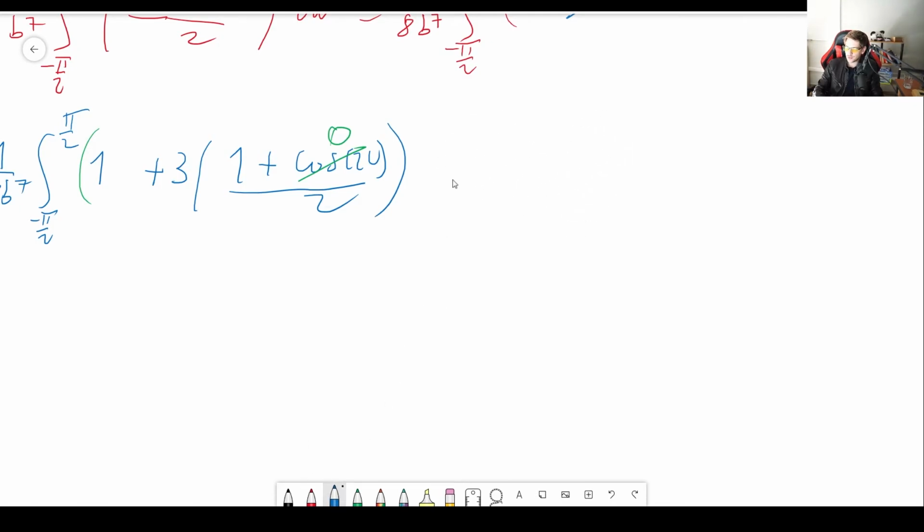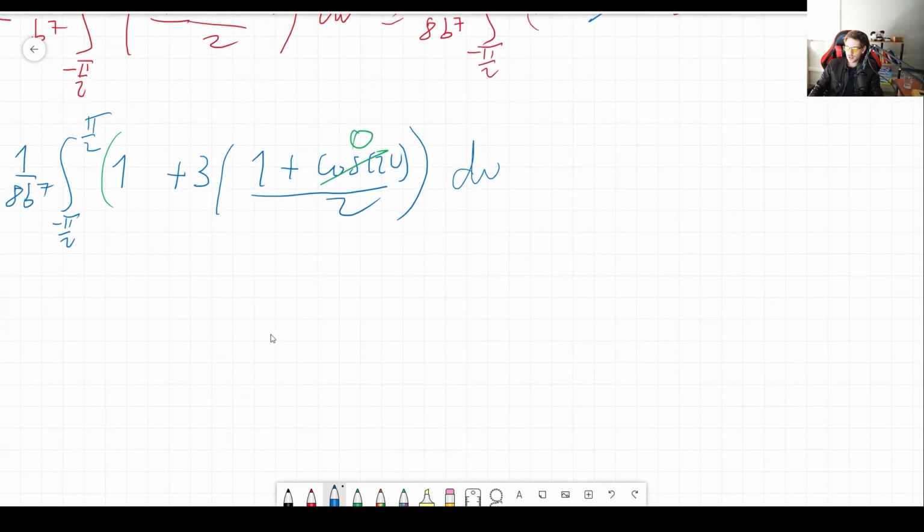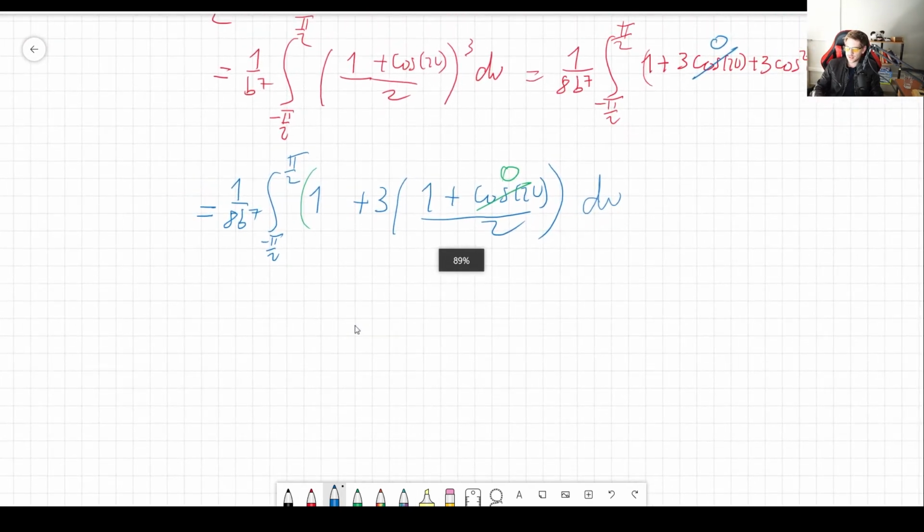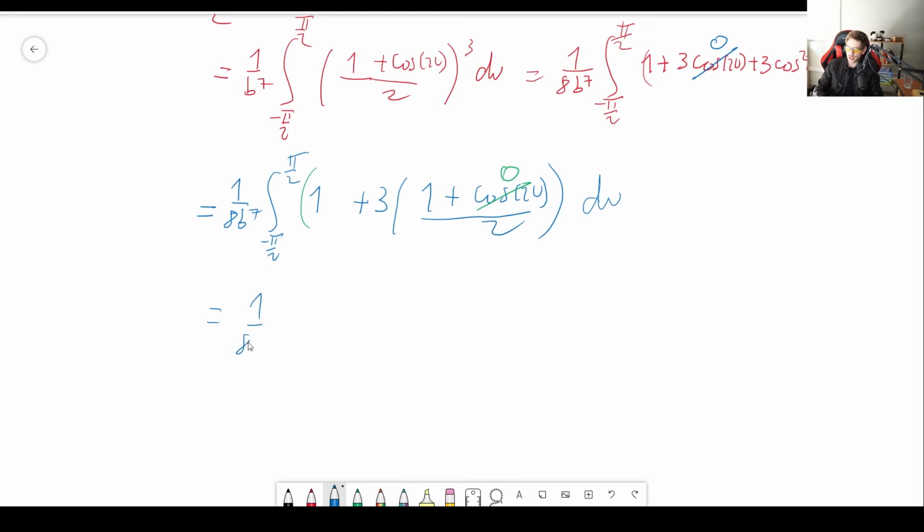Okay, so in the end, our integral right here is 1 over 8 b to the 7th, integral from minus pi over 2 to pi over 2, and then we have 1 plus 3 halves, which is 5 halves.